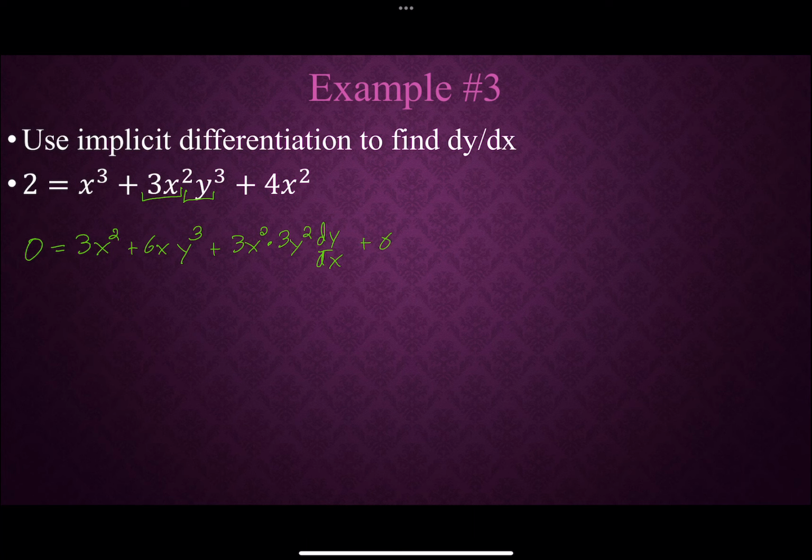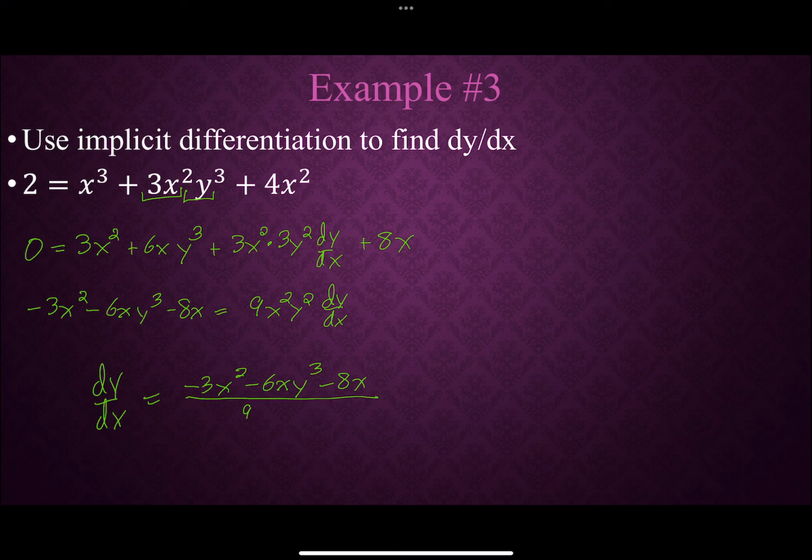And then 4x squared becomes 8x. So I'm going to go ahead and move everything over to the left side. Negative 3x squared minus 6xy cubed minus 8x. And then I'm going to have a 9x squared y squared in front of my dy/dx, which I then divide over. So dy/dx would be negative 3x squared minus 6xy cubed minus 8x over 9x squared y squared.